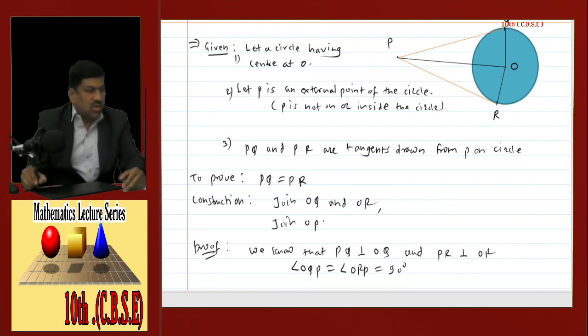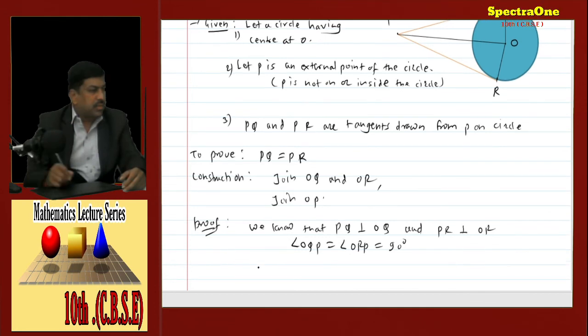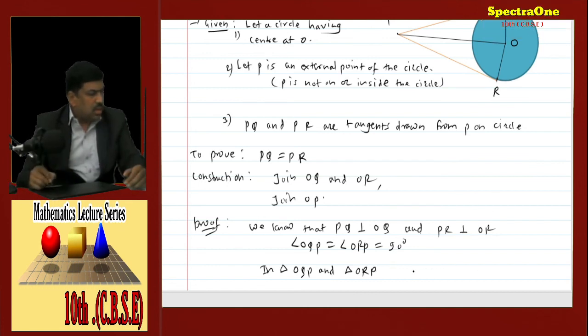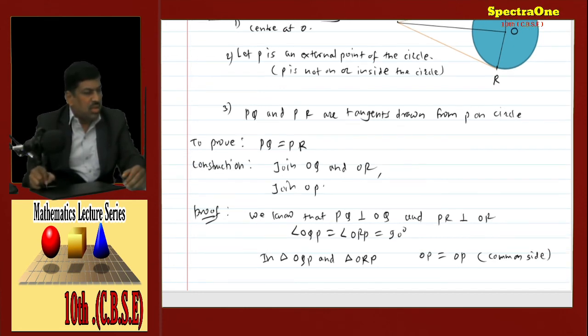Now in triangle OQP and triangle ORP, see here, OP is equal to OP because it is a common side in both the triangles, right?